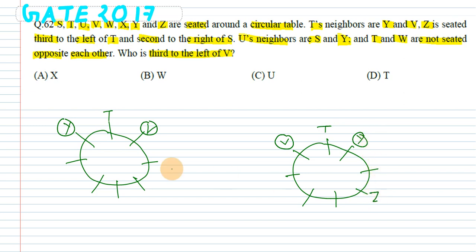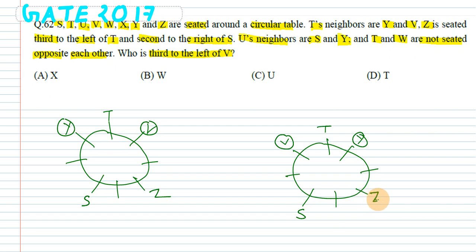This is the third position, and here also the third position will be Z. Z is sitting second to the right of S. Suppose this is S, and this side will be the right of S, and the position is second, so 1, 2. Here also this is S, the right of S is this side, and the position is second, so 1, 2.